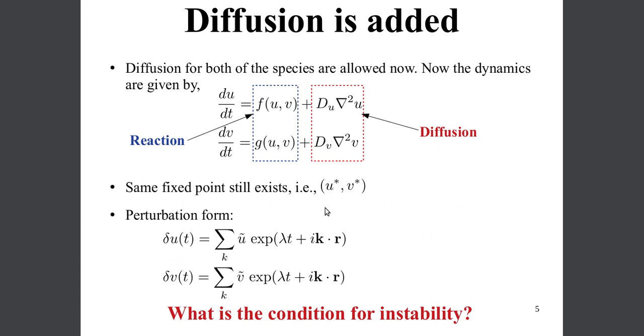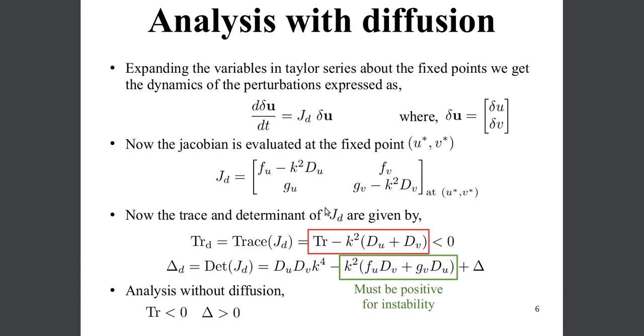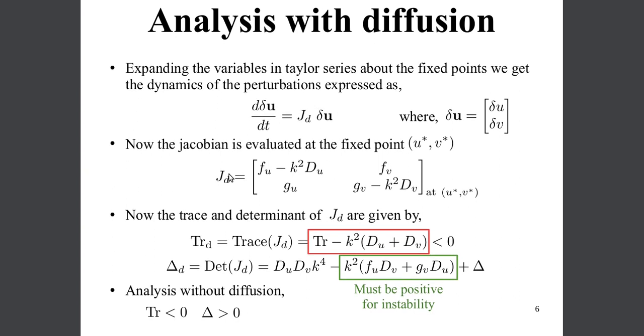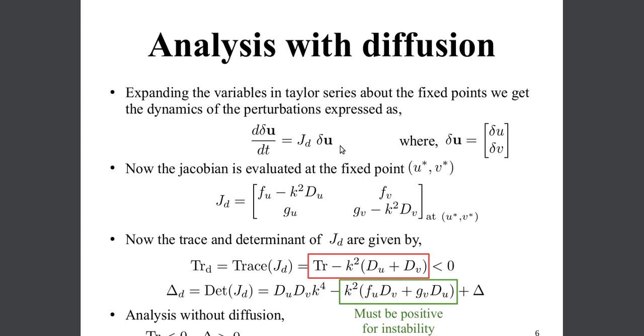So now what is the condition for instability? Now we will do the analysis with diffusion. Expanding the variables again in Taylor series about the fixed points, we get the dynamics of the perturbation expressed as this. Now this Jacobian is slightly modified because this J_D is with diffusion; D means with diffusion.